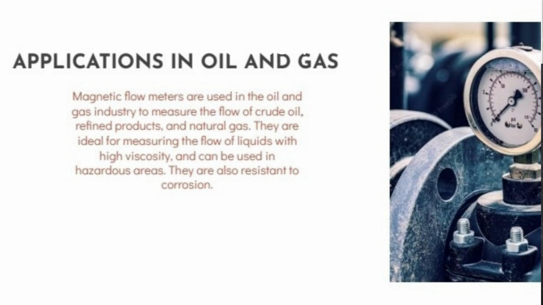It is capable of handling low flows with a minimum size less than 3.175 millimeter inside diameter and very high volume flow rates with sizes as large as 3.04 meter. It can be used as a bidirectional meter.